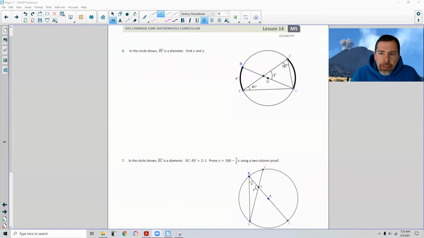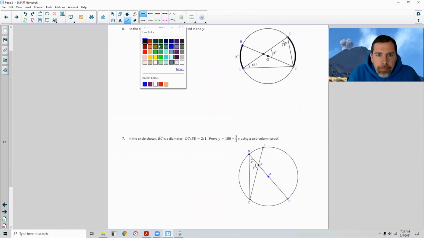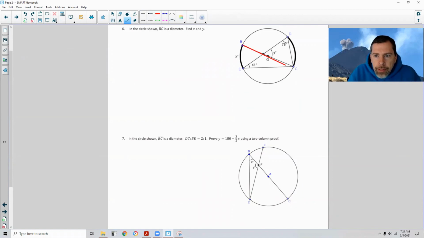All right, page 4 brings us to number 6, and it says, in the circle shown, BC is a diameter. So the first thing I'm going to do is label that diameter. BC, the diameter. Find x and y. All right.